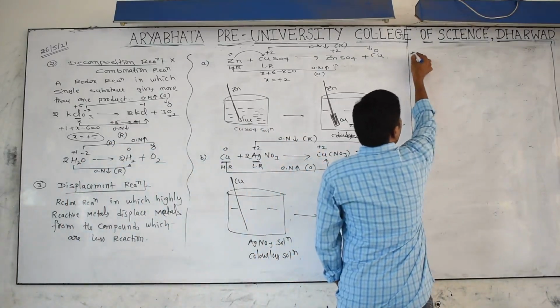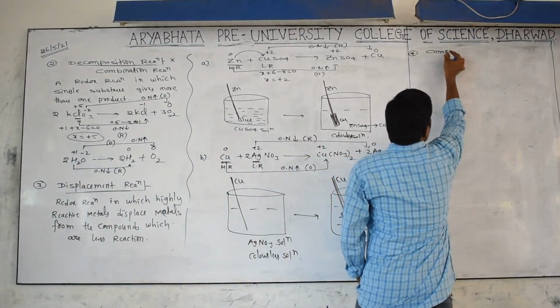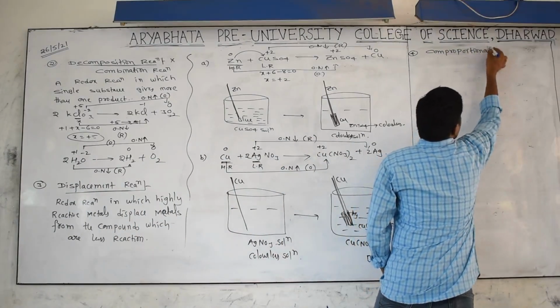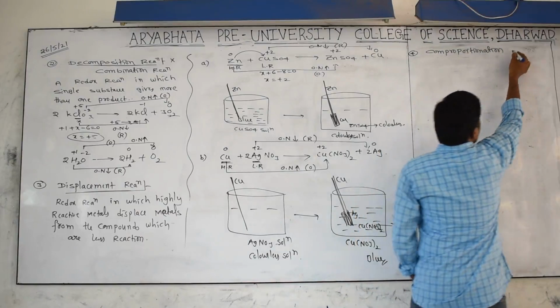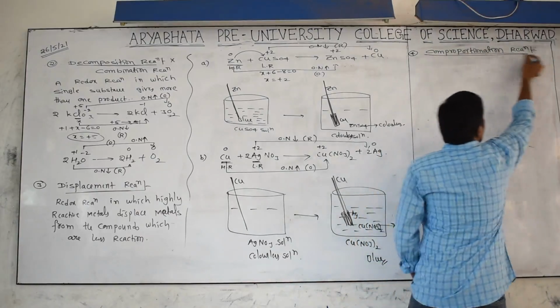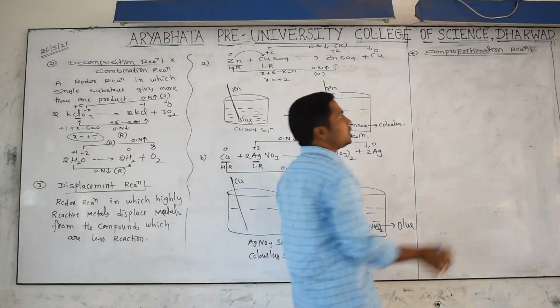Now I will tell you the fourth one, which is the comproportionation reaction. Yes, it is important from the competitive examination point of view. Just check it once. What is the meaning of a comproportionation reaction?